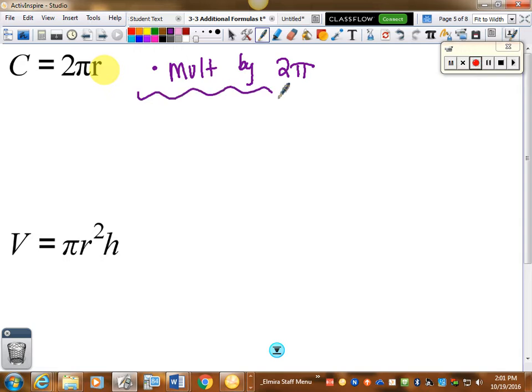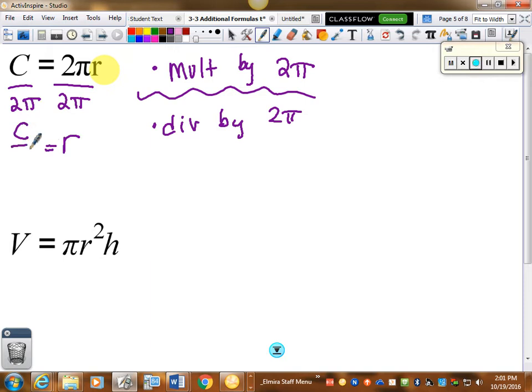You don't have to list that it's multiplying by pi and multiplying by 2. You can list them together and divide them together. So we divide by 2 pi on both sides, and r would equal C over 2 pi.